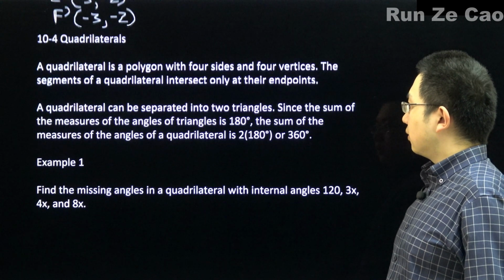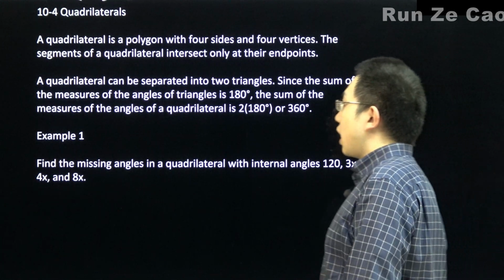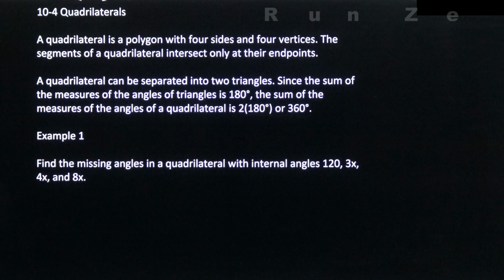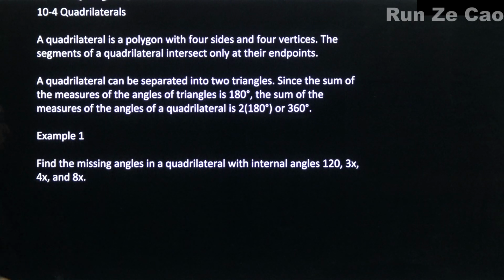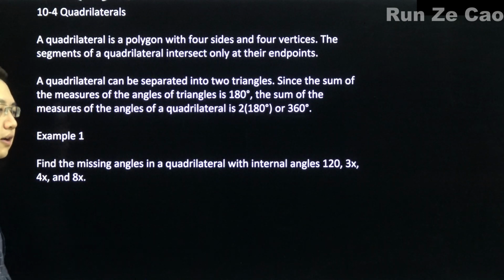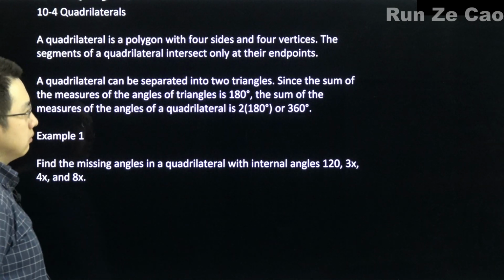For quadrilaterals, quadrilaterals are polygons with 4 sides. They also have 4 vertices. The line segments in a quadrilateral, like any other polygon, intersect only at their endpoints.